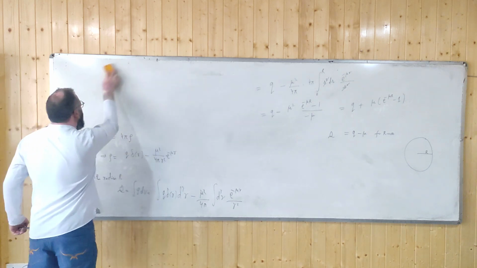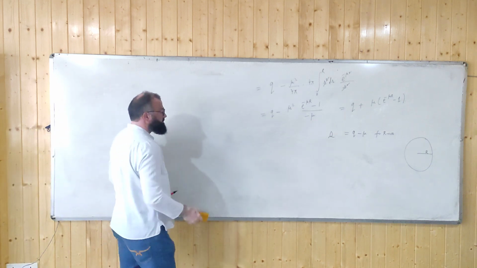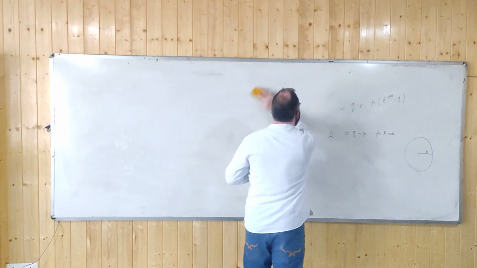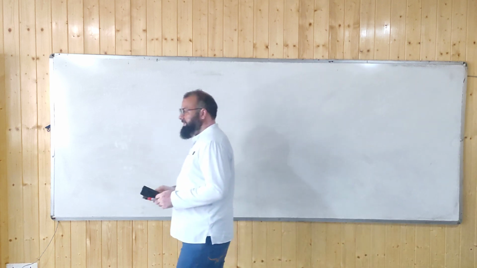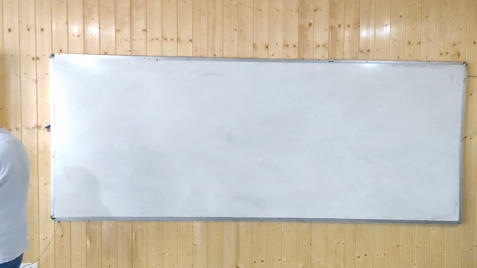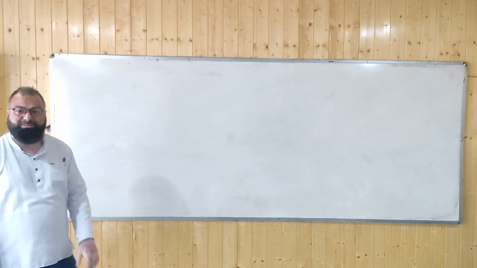Okay, so now let's take the hydrogen atom. What is the charge density for an electron in the ground state of the hydrogen atom?